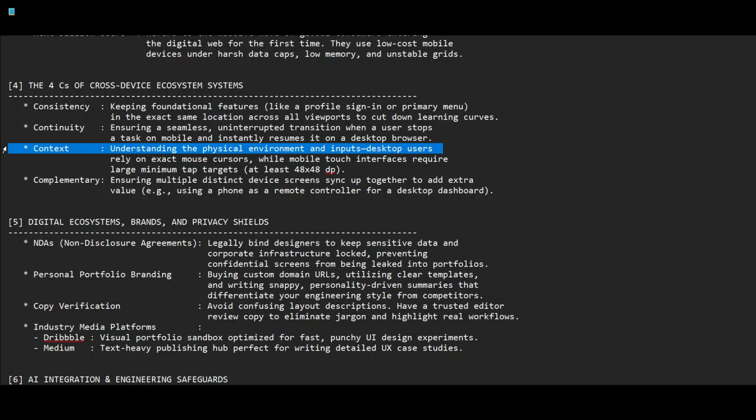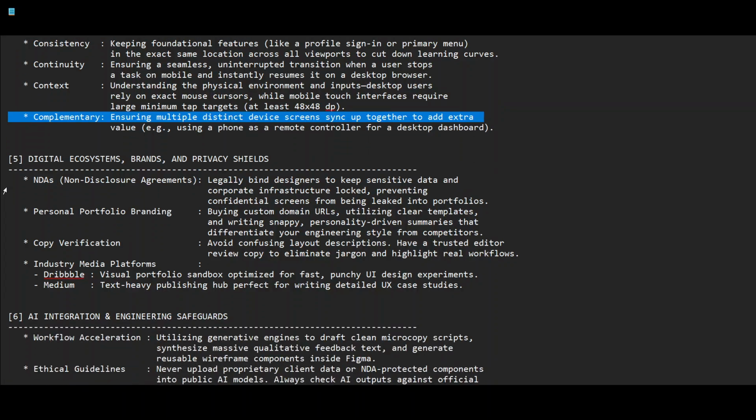Desktop users rely on mouse cursors, and mobile users use the touch interface, so remember the context. And complementary: ensuring multiple distinct device screens sync up together to add extra value. Example: both mobile and desktop are able to open your website or your app.